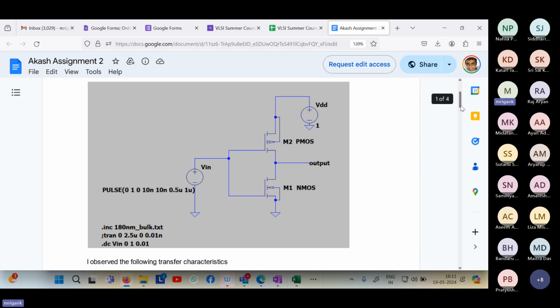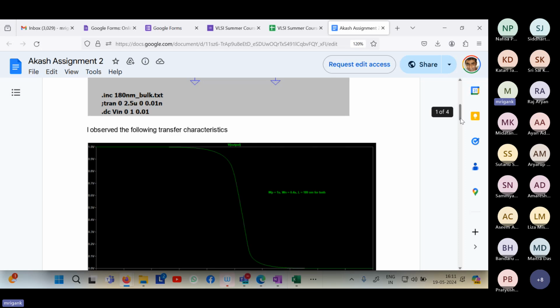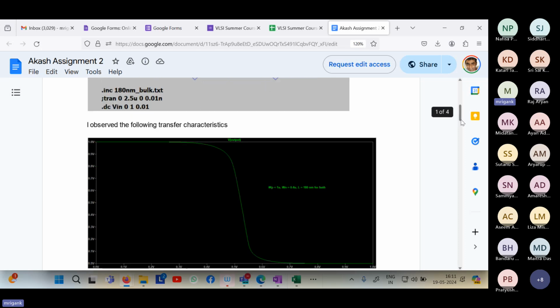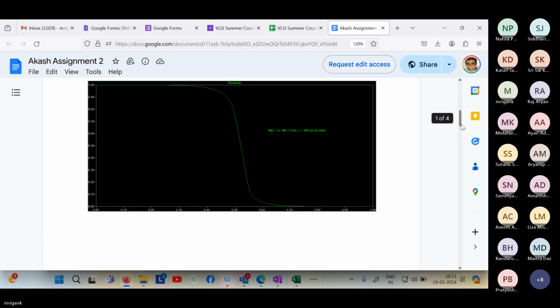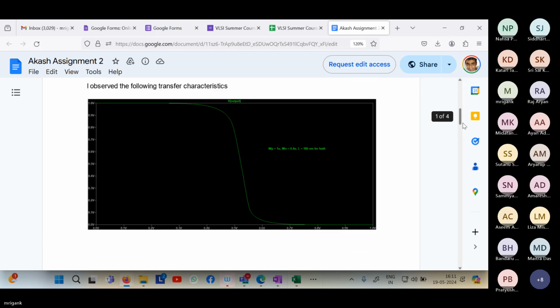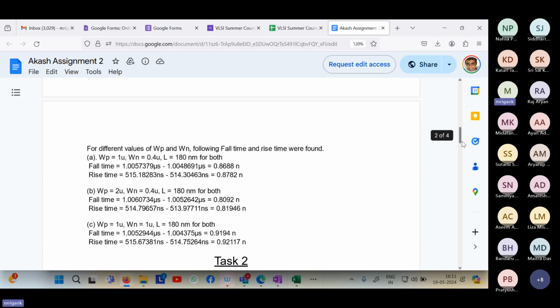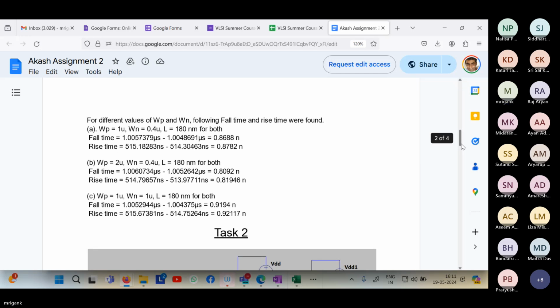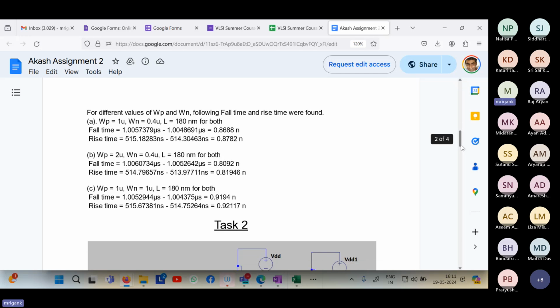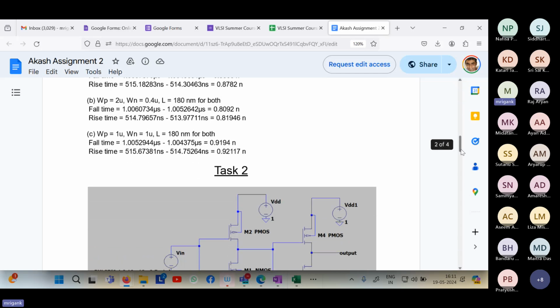That is generally helpful. And then the characteristic sweep has been given, and then for different values of WP and WN, rise time, fall time, he is trying to find out. So WP, WN change and rise time, fall time, you're trying to find out.